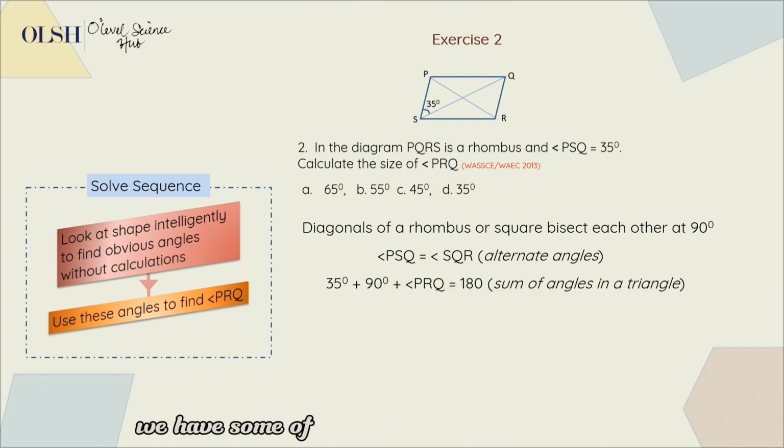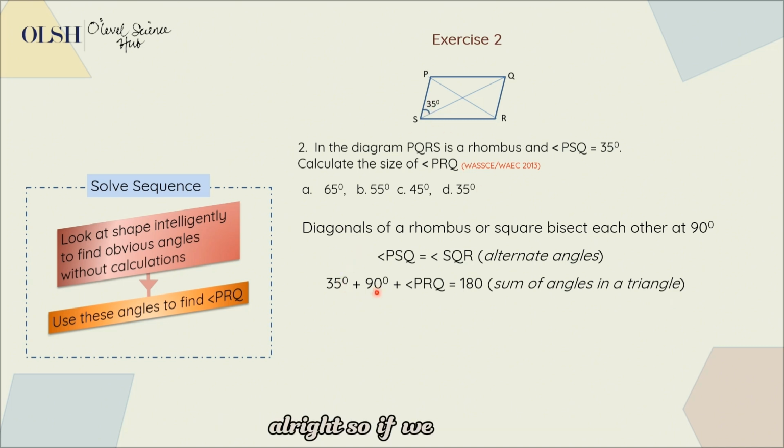We have sum of angles in a triangle equals 180. So if we pick out this triangle, we have this angle as 35, and we know this angle as 90 degrees, of course, because we just said diagonals of a rhombus or square bisect each other at 90 degrees. So we have this as 90 degrees, so we can easily find this place using sum of angles in a triangle.